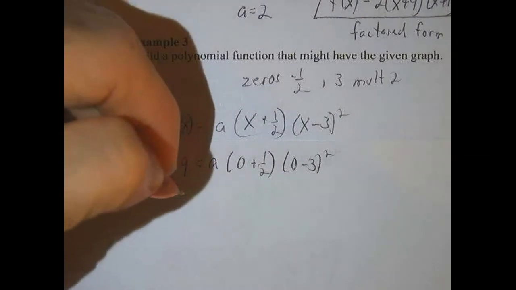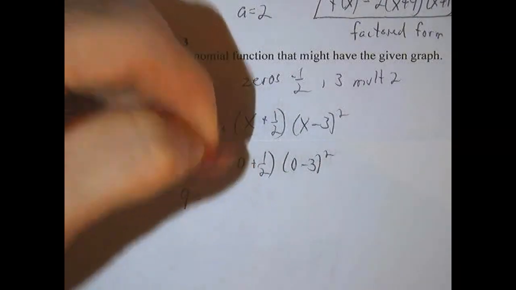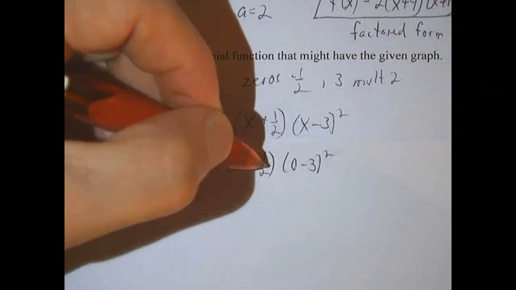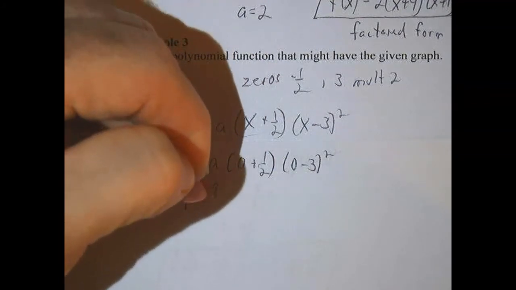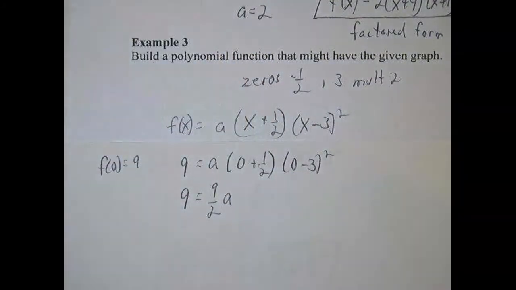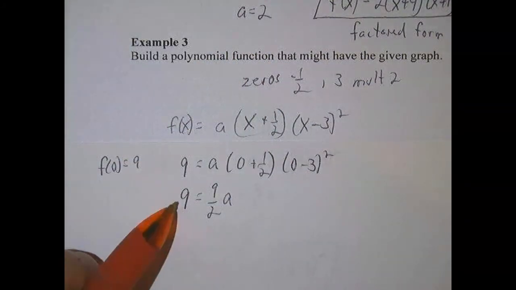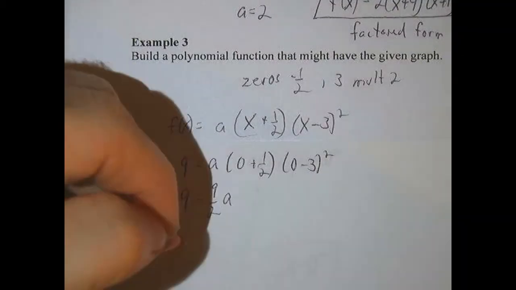Let's see, we get 9 equals 9 over 2 a. So what happens with that? We multiply both sides by 2 and divide by 9, and we get a equals 2.